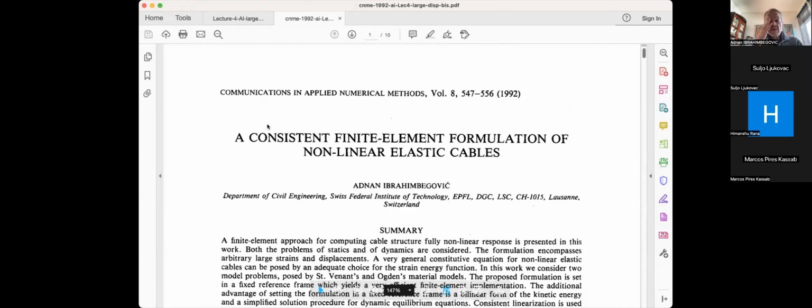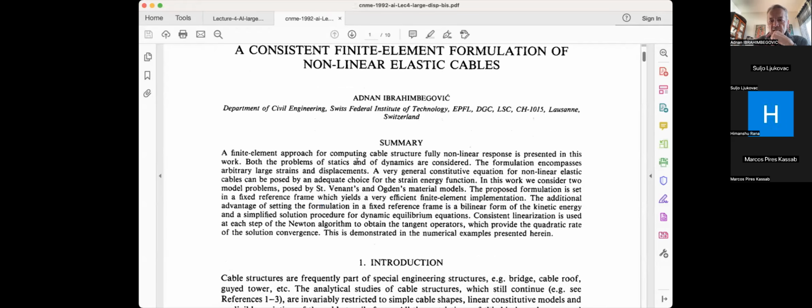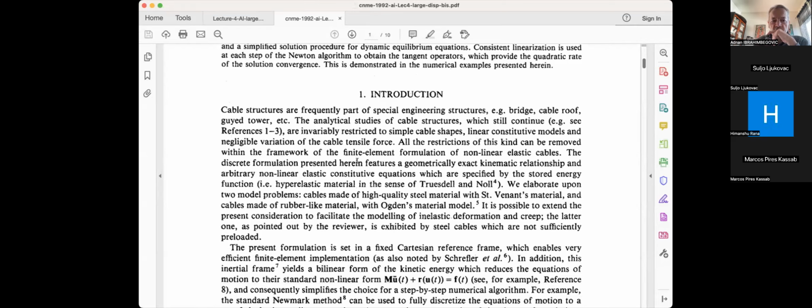So there's a work that I've done some time ago, where we have something called consistent finite element formulation of nonlinear elastic cables. That's when I was working at the École Polytechnique Fédérale de Lausanne.